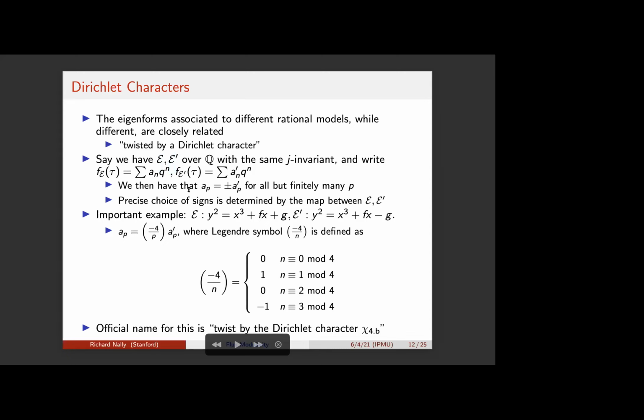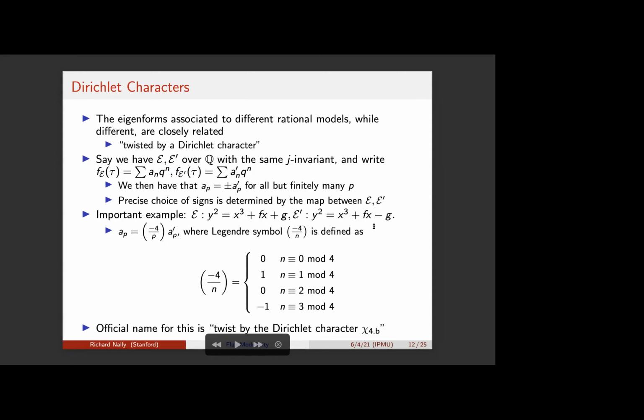Then for all but finitely many primes, a_p prime is equal to plus or minus a_p. The precise choice of signs is determined by the map between E and E prime. But away from these finitely many p, for any E and E prime related the same way, it's the same choice of signs.